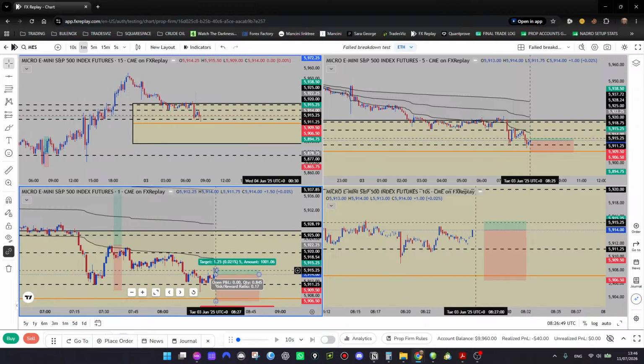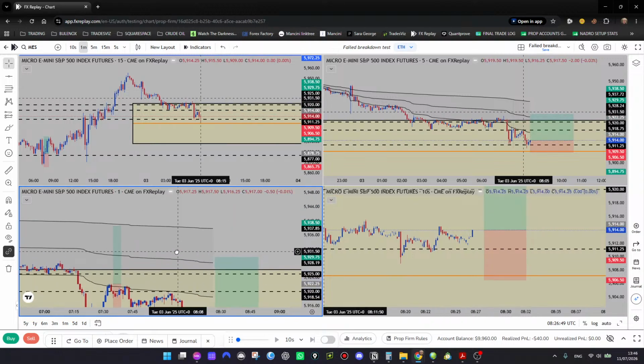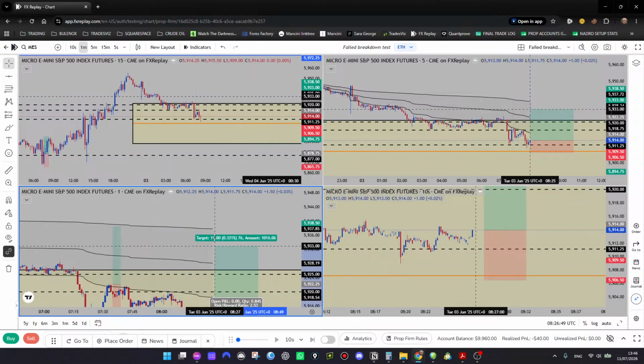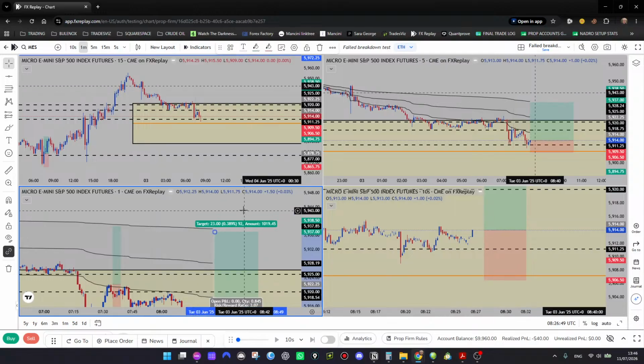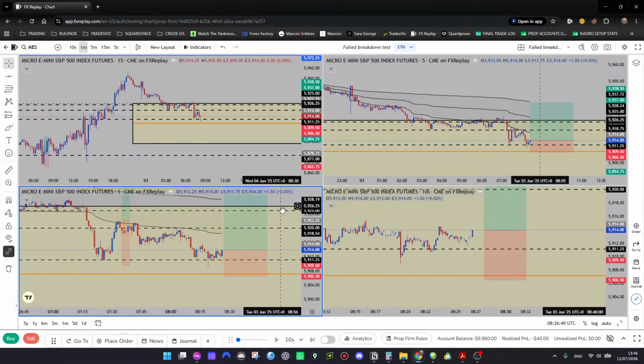And our first, let's see. So we have plenty of potential here. I'm going to be placing the target at the DVA high, and then we're going to take profits right here above the 59.25. All right.